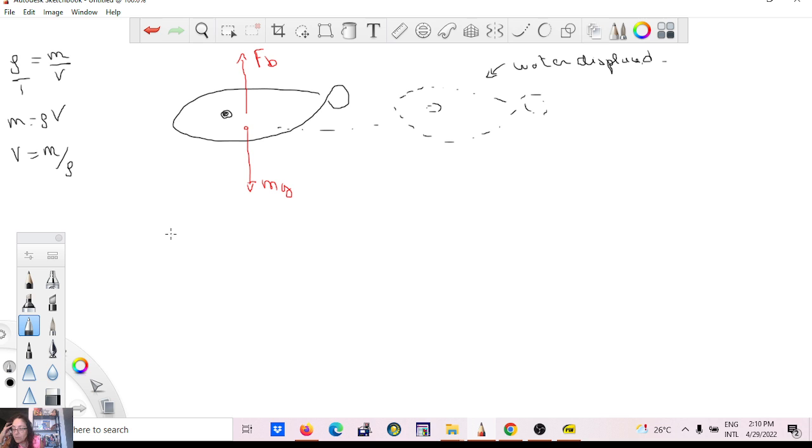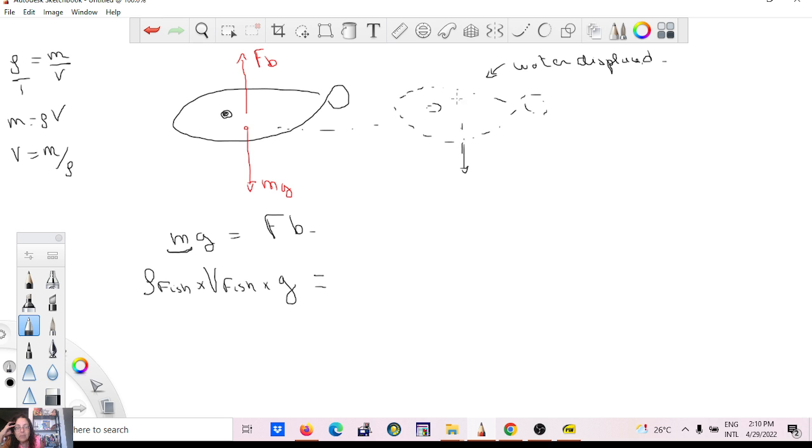We say the weight of the fish, which is mg, equals the buoyant force. The mass of the fish will be the density of the fish times the volume of the fish times g.